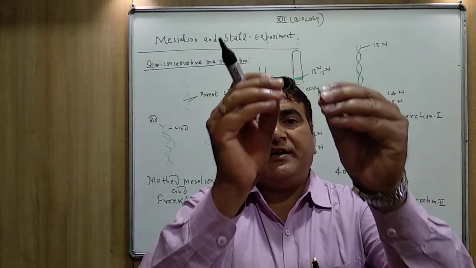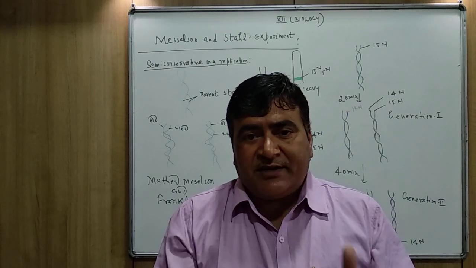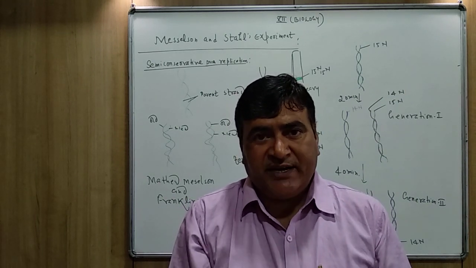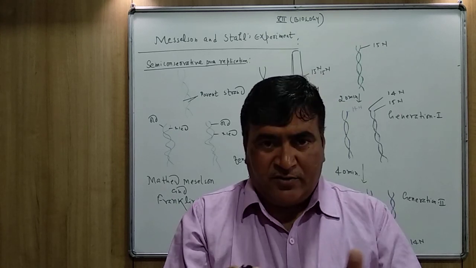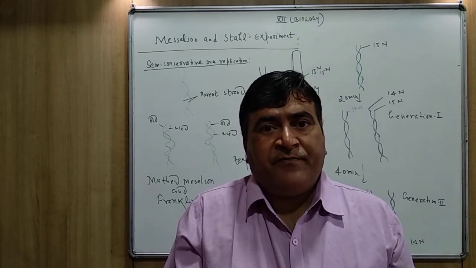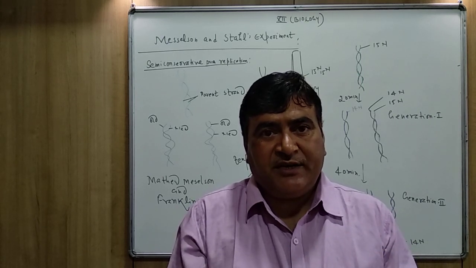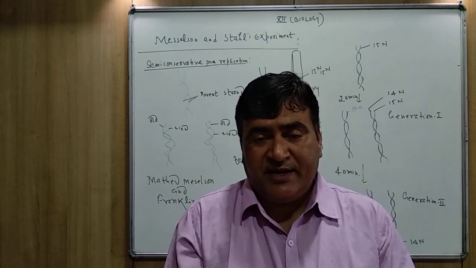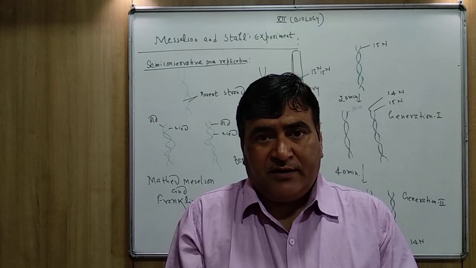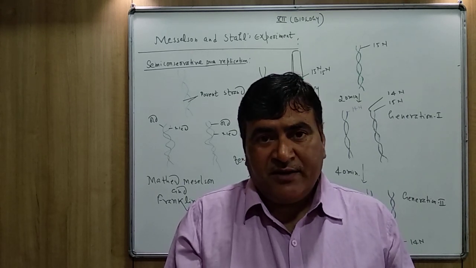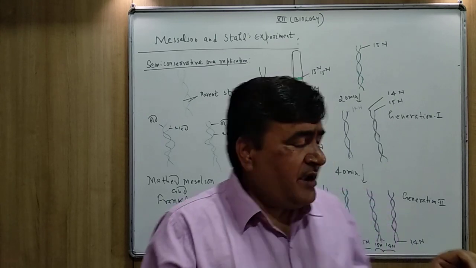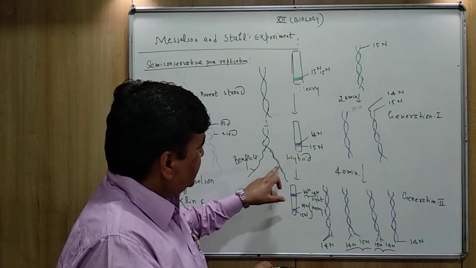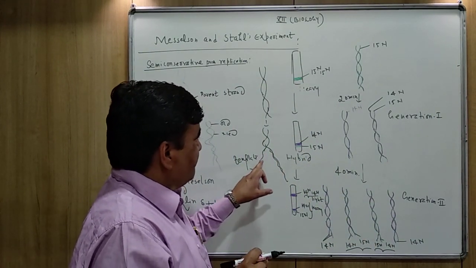At the time of replication, the hydrogen bonds are broken down, and both the strands of the DNA duplex are separated from each other, and these strands act as the template.